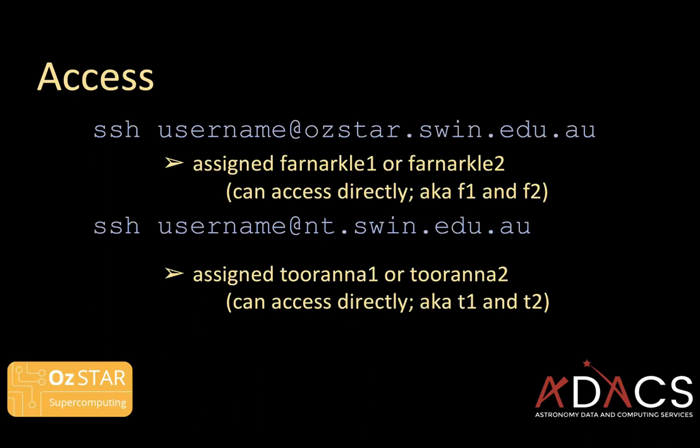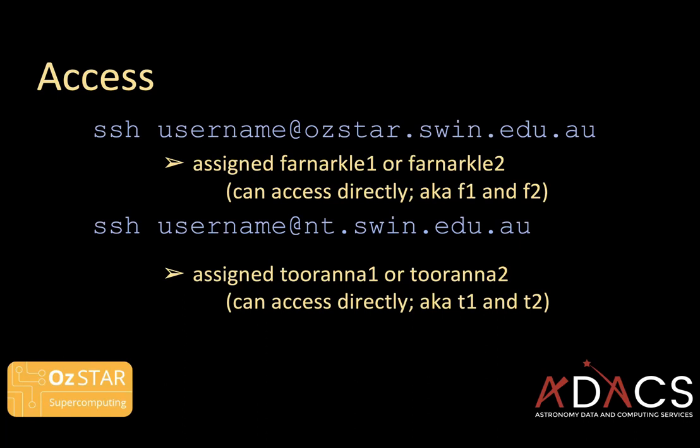Okay, once you have your account, you're ready to access the system. Each machine has 2 head nodes, so you can simply choose to go in via OzSTAR or Ngagu Tinderbeek by SSHing to your username at ozstar.swin.edu.au or SSH your username at nt.swin.edu.au. If you go in via OzSTAR, you will get assigned randomly to either the Whānako 1 or Whānako 2 head node.